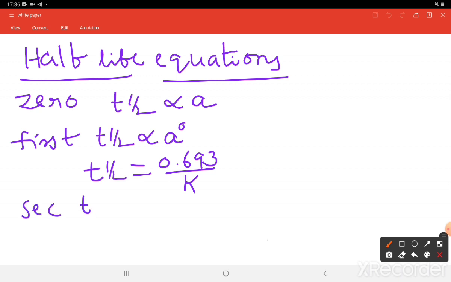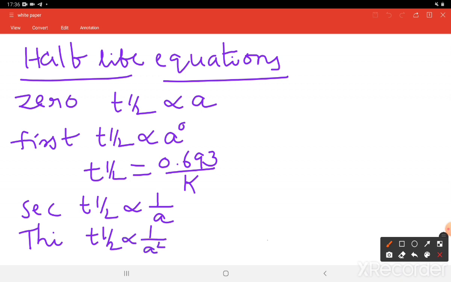For second order reaction, T half is proportional to 1 by a. For third order reaction, T half is proportional to 1 by a power 2. For nth order reaction, T half is proportional to 1 by a power n minus 1.